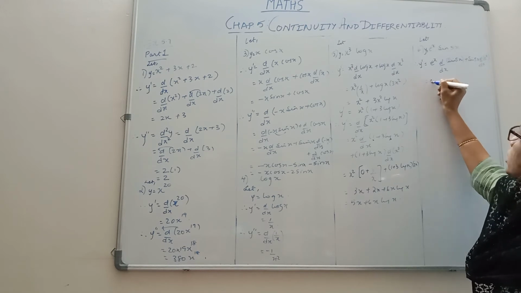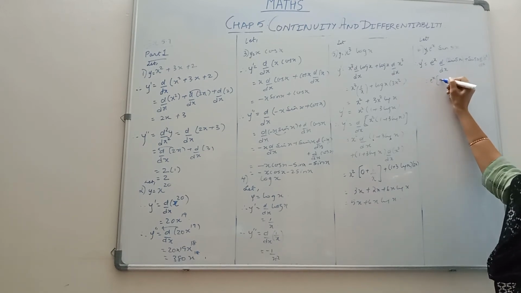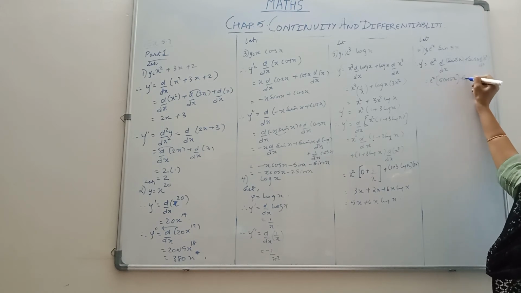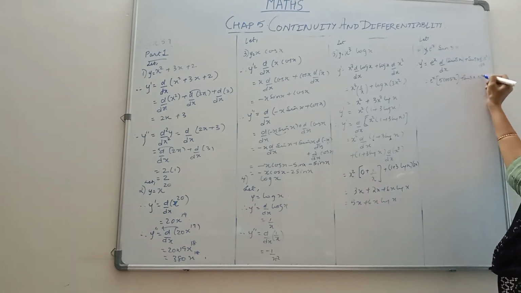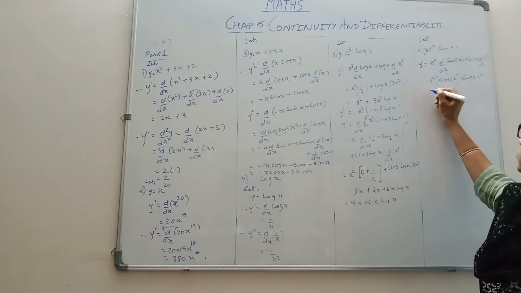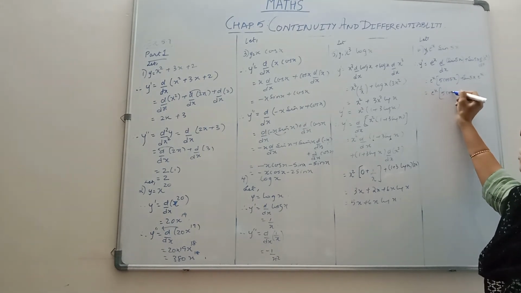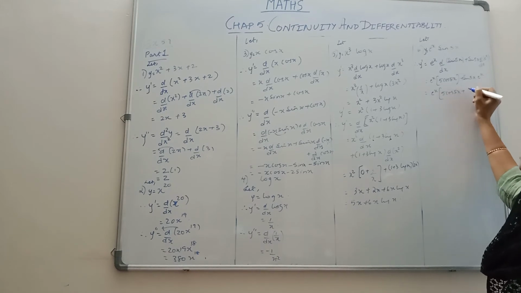So e raised to x derivative of sin 5x is 5 cos 5x, and sin 5x, the derivative is e raised to x. You could have e raised to x as an overall thing coming out, 5 cos 5x plus sin 5x.